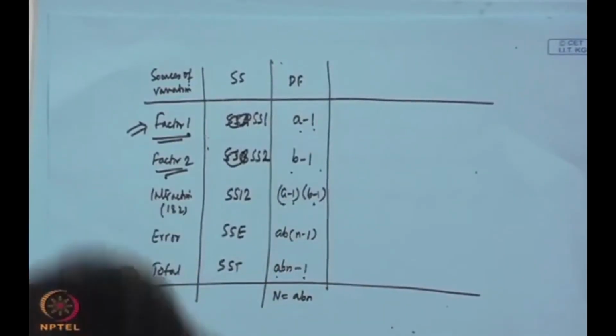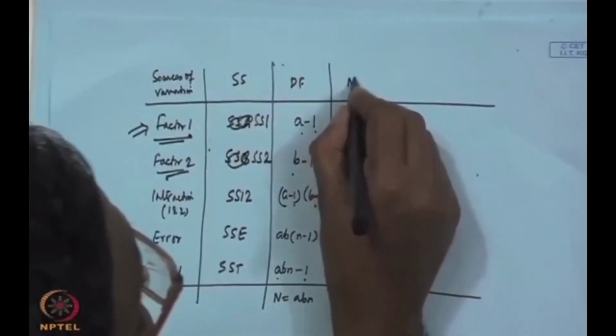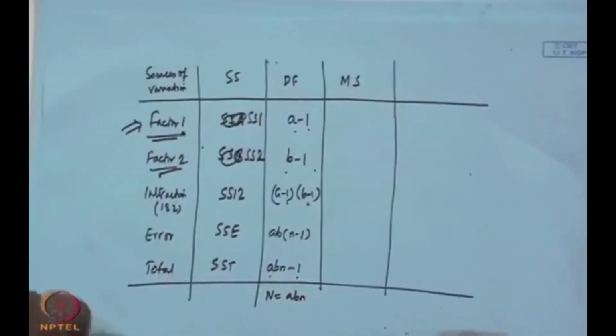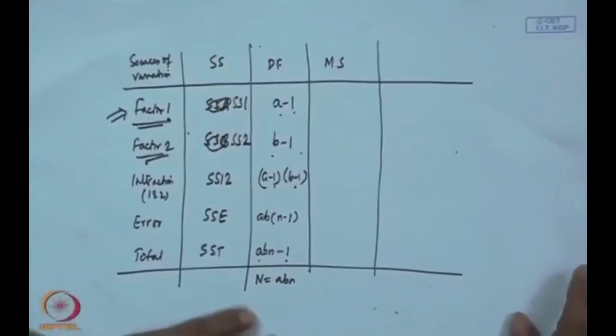Okay. Then what you require to know? You require to compute MS, mean square, that variability.